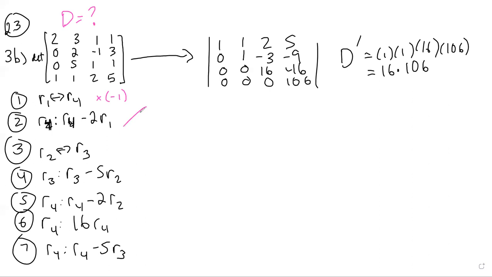So it doesn't have any outcome. Swapping again, so we're going to multiply by -1 again. Again, this is subtracting a row from another row, subtracting a row from another row. Now, multiplying a row does have an effect, and that is to multiply by that multiplier. So we do need to be mindful of this. And then finally, subtracting multiples of a row from another row doesn't have any effect.